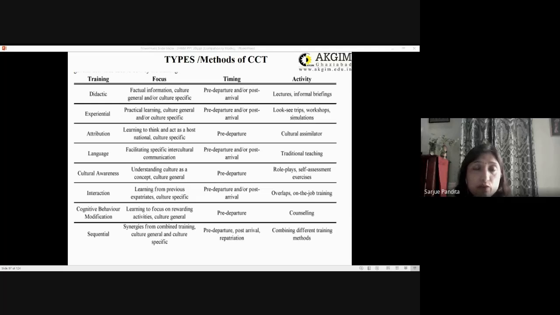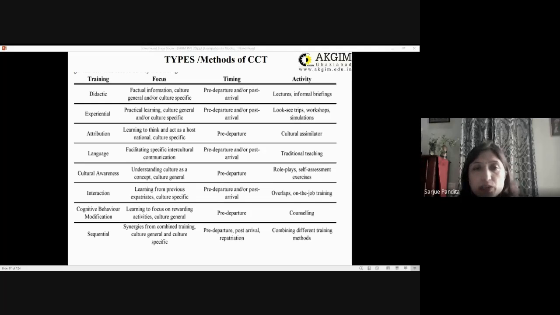If you are not adhering to all these things, you might face these consequences. That means a type of punishment, or I am trying to develop a threat in your mind, so as to have that adaptability to the host culture. So that is what cognitive behavior modification is.